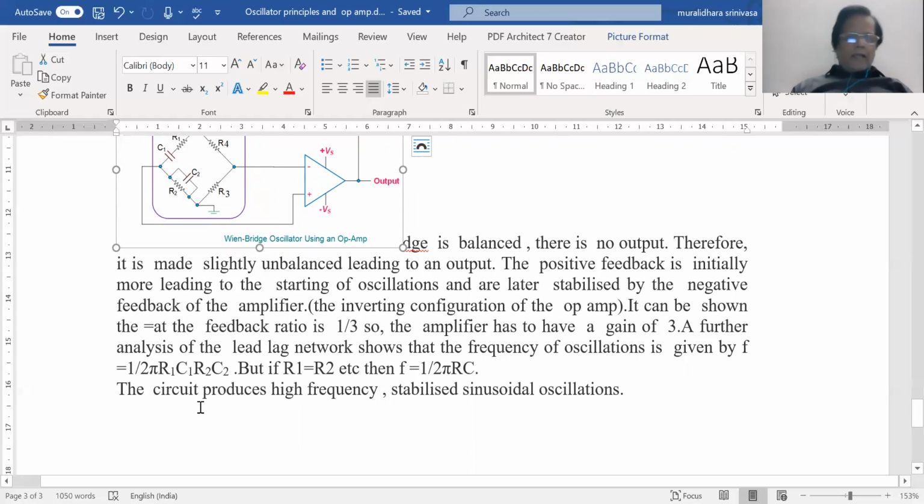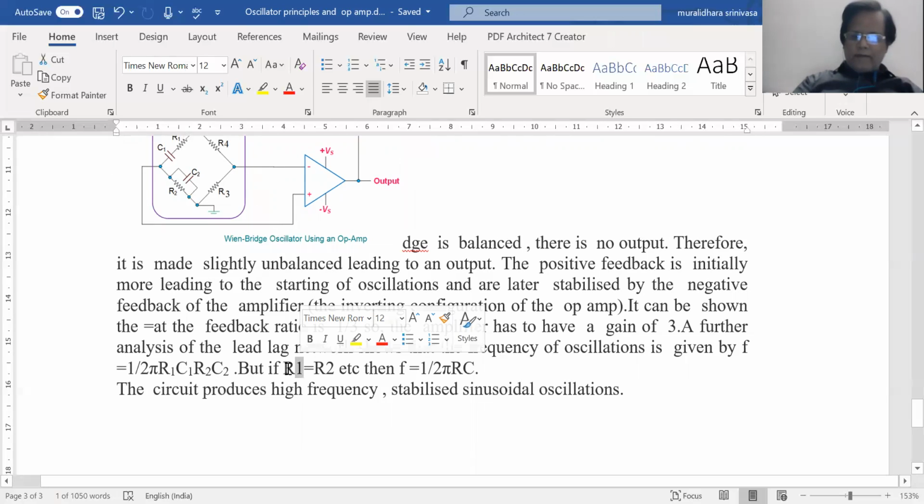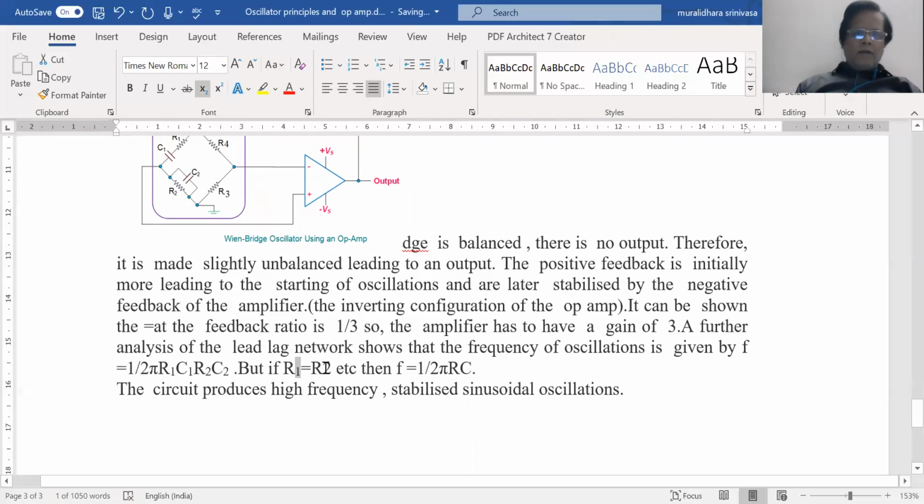The calculations show that the frequency of oscillations is 1 over 2 pi root of R1 C1 R2 C2. And if you make R1 equals R2 and C1 equals C2, then you end up with the equation F is equal to 1 over 2 pi R C.